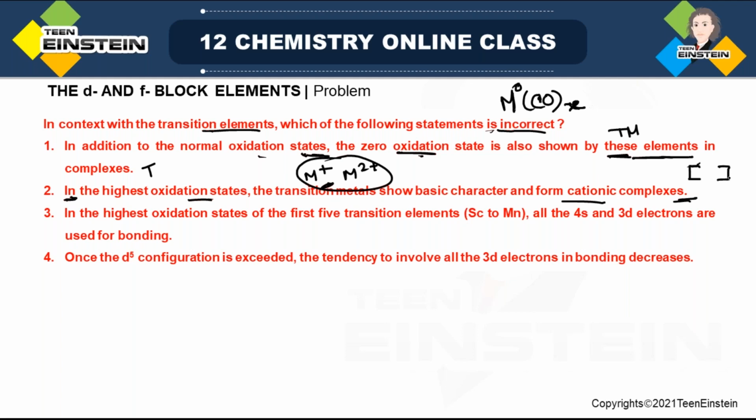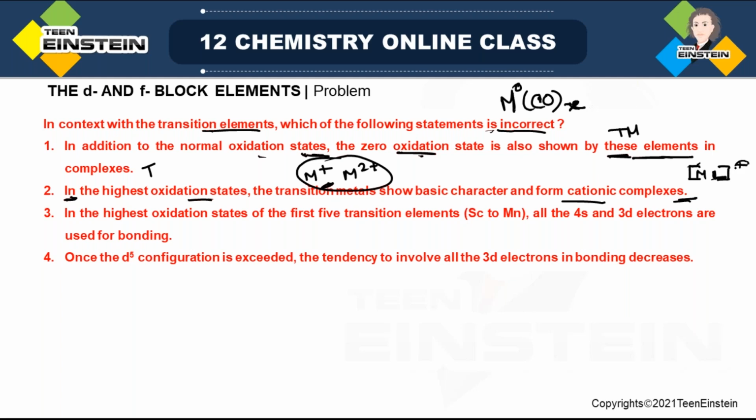Now if outside there is positive charge, that means it may be +2, +3. That means the metal should have very high oxidation state, and some of the charge of this metal will be balanced by the ligand that is present inside the coordination sphere.